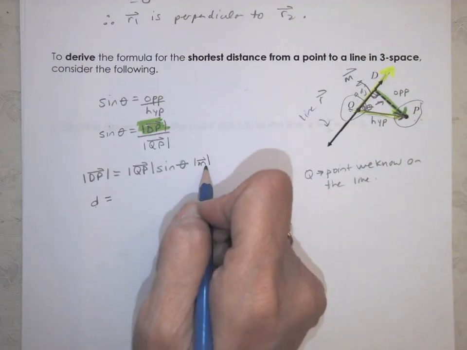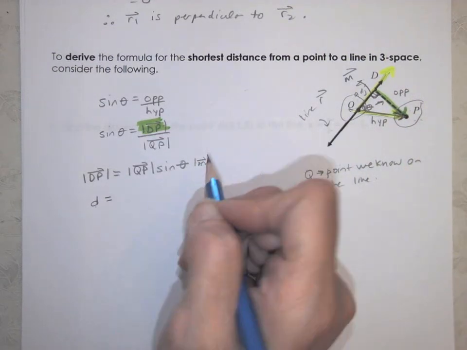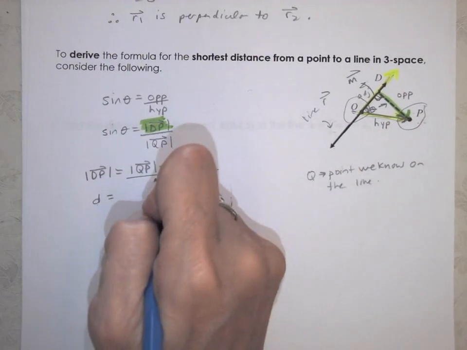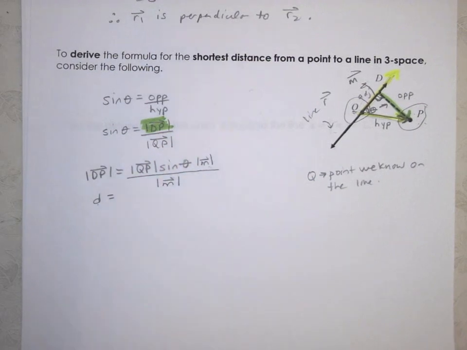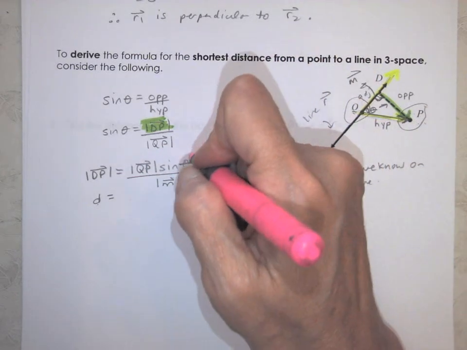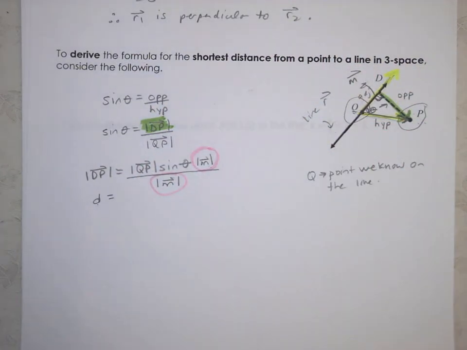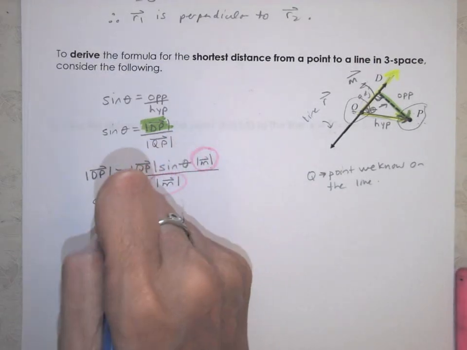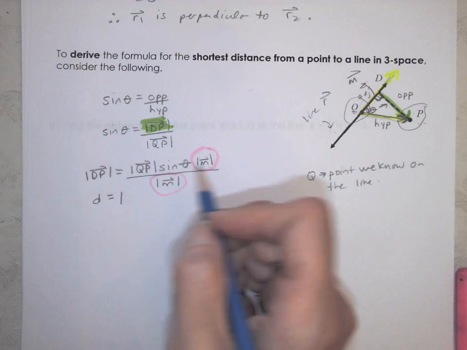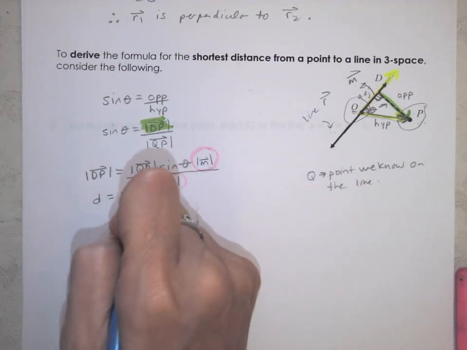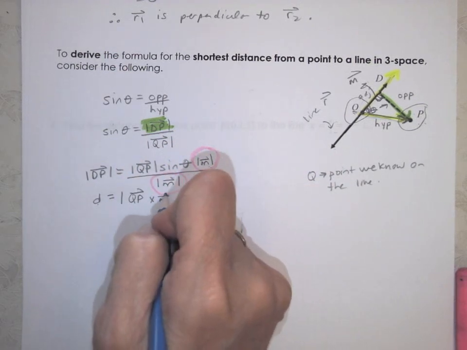If I multiply by the magnitude of vector M, I also have to divide by the magnitude of vector M, so really I'm just multiplying by 1. But it just so happens that the top ends up being the magnitude of the cross product of QP and the direction vector of the line.